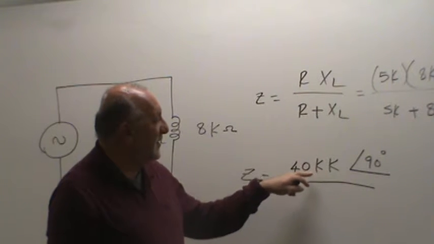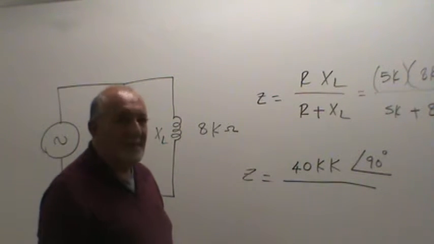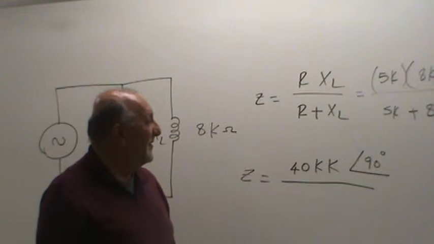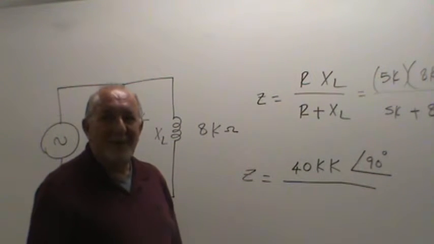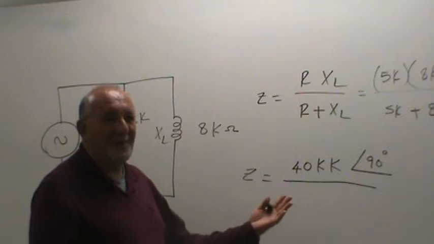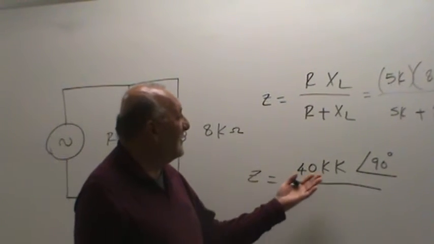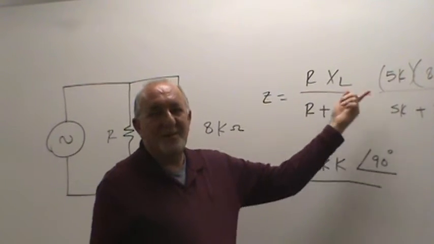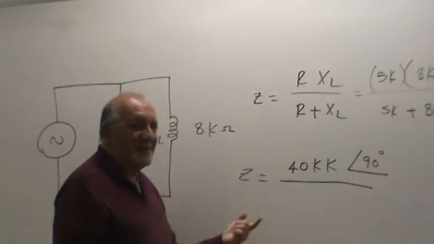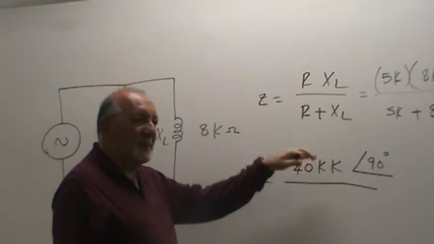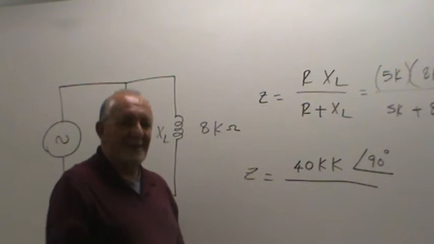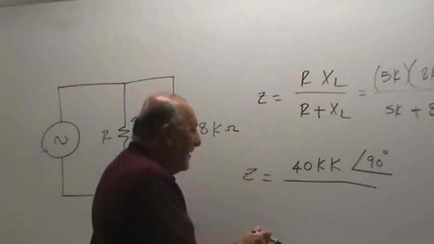I just put KK. That's 1,000 and 1,000, so it's like K squared, so it will still be mega. I'm going to try to eliminate those Ks at the end. This K and this K cancel the other stuff. So let's just leave it like that.